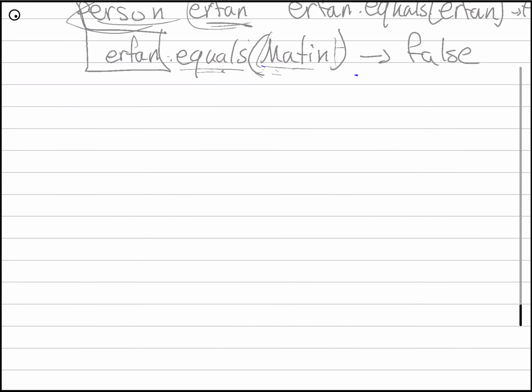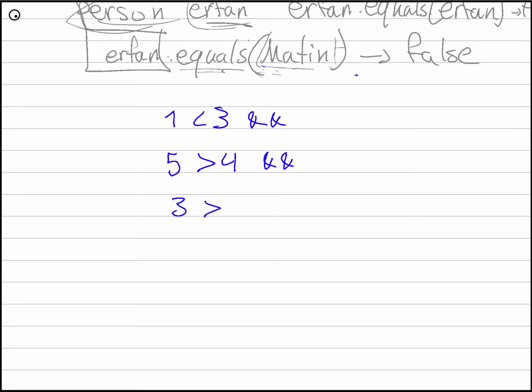Let's just talk about how AND works. Let's say I have 1 is less than 3 and 5 is greater than 4 and 3 is greater than 5. Let's say I have this conditional, okay?